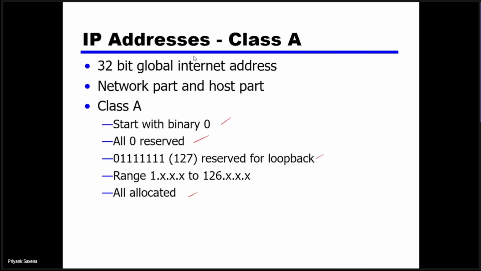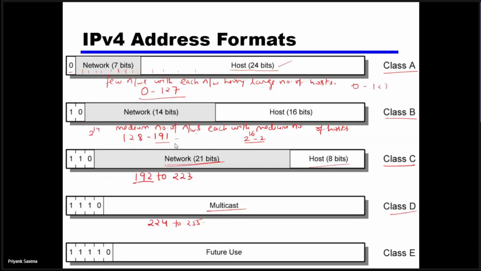So you can see that in class A there is a 32-bit global internet address with a network part and a host part. I told you that the IP address is divided into a network part and a host part. So class A starts with binary 0, and all zeros are reserved, right? If you keep all zeros, you get 0 as the first address.